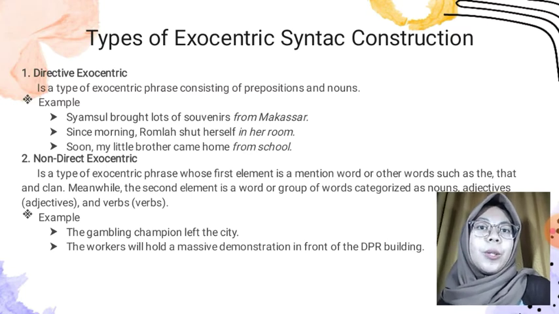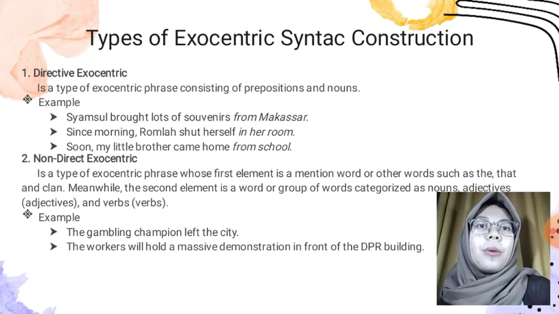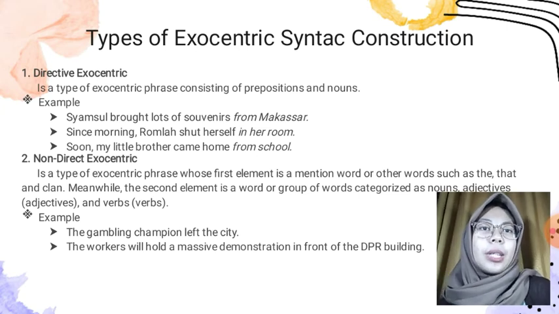Okay, so the examples are: the first one is, Syamsul brought lots of souvenirs from Makassar. So the directive exocentric is from Makassar. And the second one is, since morning, Romlah shut herself in her room.